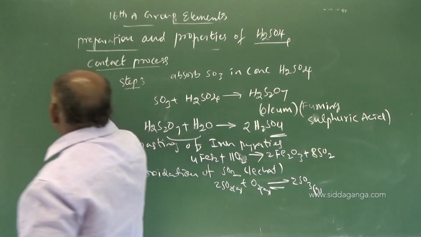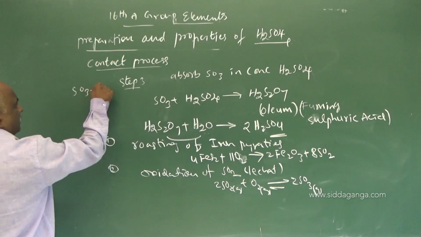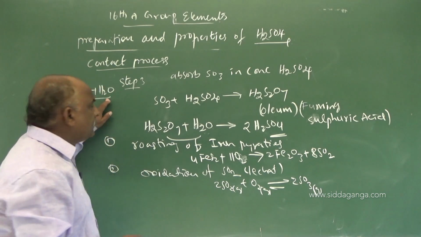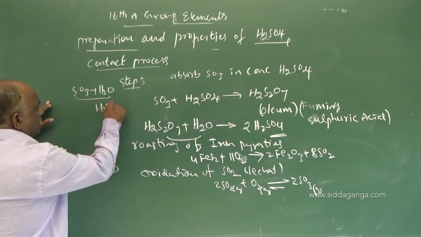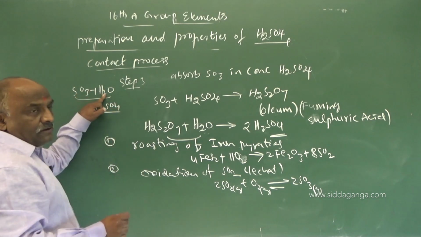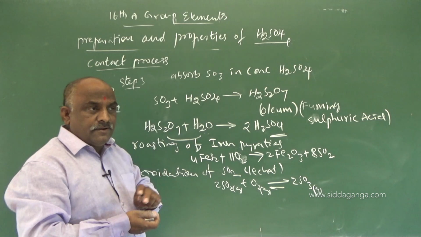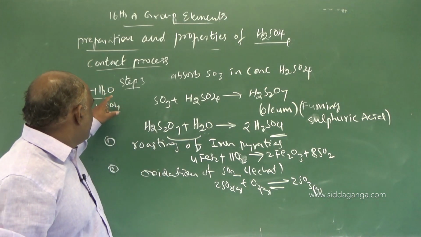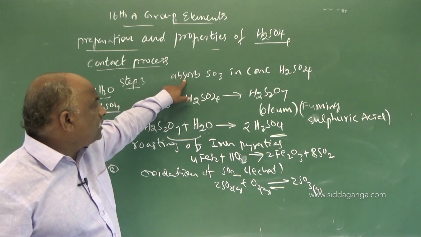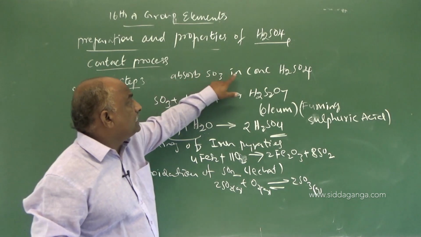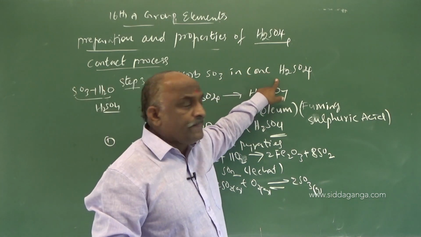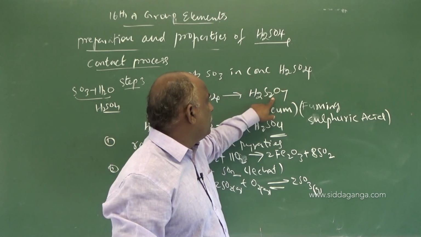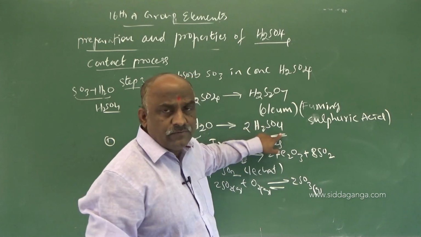Suppose we add water directly to this sulfur trioxide, SO3. What happens? We will get H2SO4 only. Observe this conversion: SO3 in concentrated H2SO4 gives oleum, followed by dilution which gives sulfuric acid.